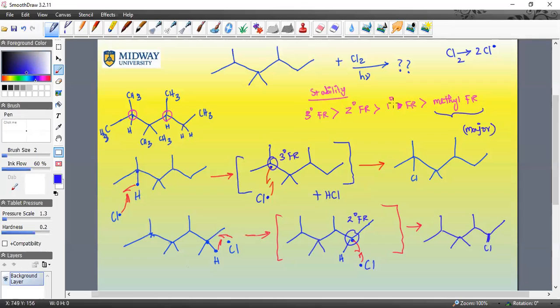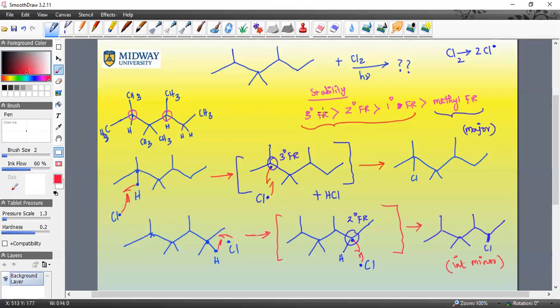So from now on, it's mostly these 3 things which we will focus on, and I'm going to underline that in a different color. Rarely will you come across a methyl free radical in a compound like this. So this will be a minor intermediate.